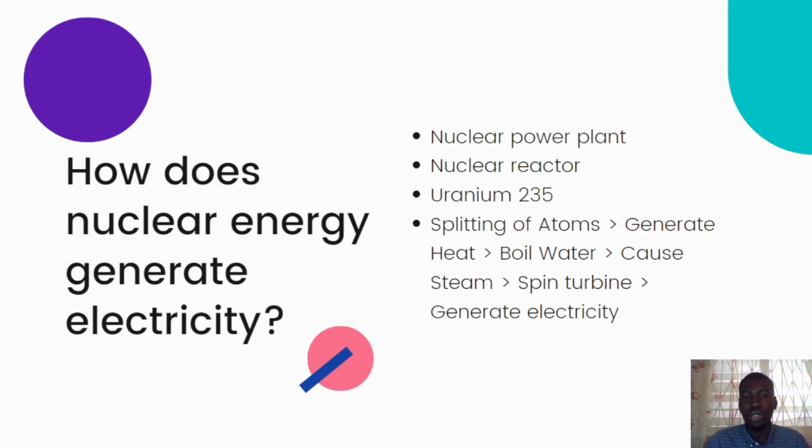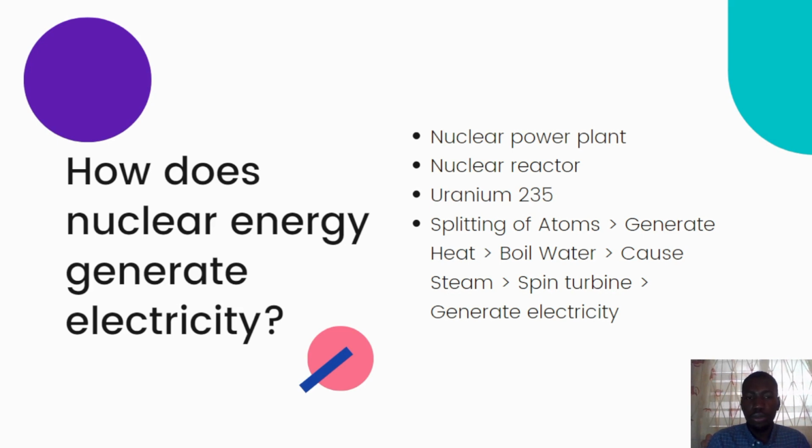Uranium is enriched to increase the concentration of the isotope uranium-235, the particular type of uranium that is used in nuclear reactors to produce nuclear energy.